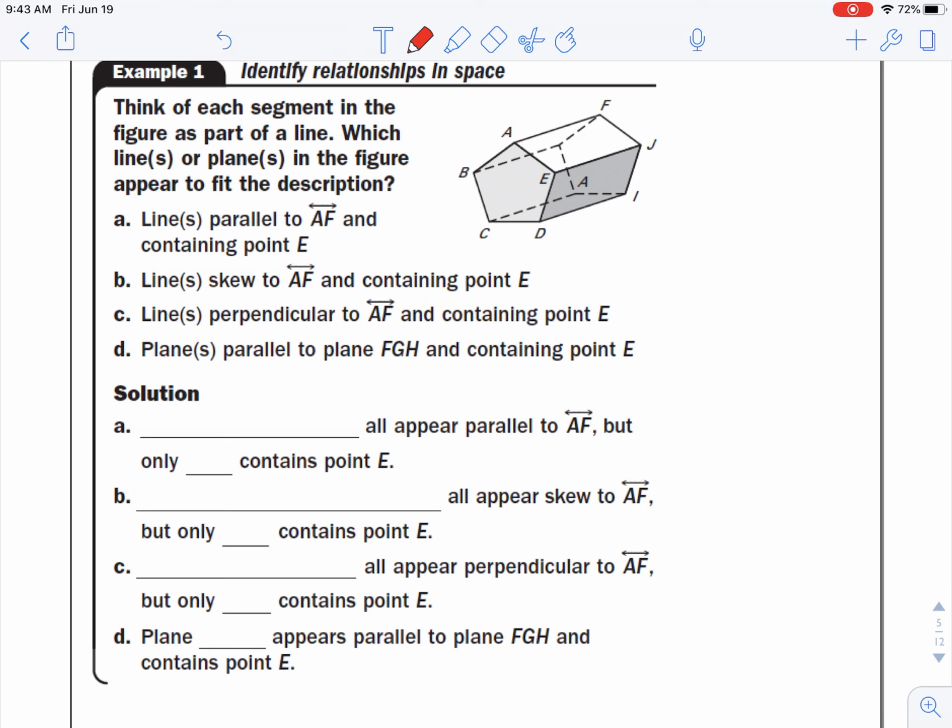So read, for example, A, lines parallel to AF and containing point E. So we want a line that's parallel to AF and contains point E. It looks like the line that would be parallel to it and contain it would be EJ.